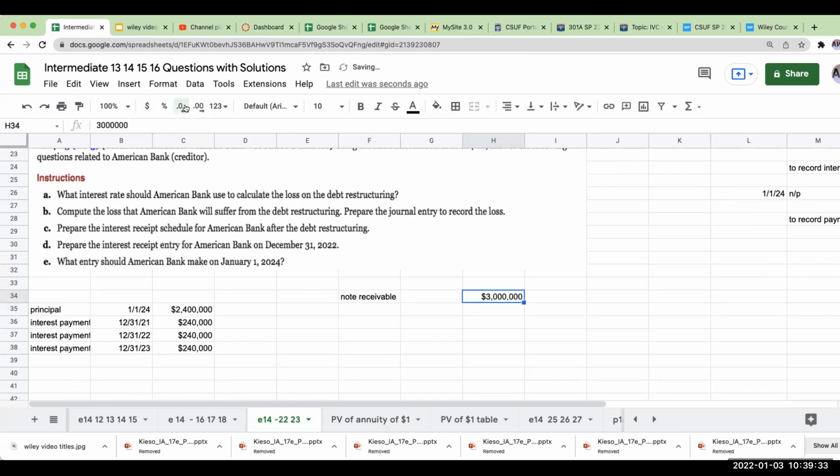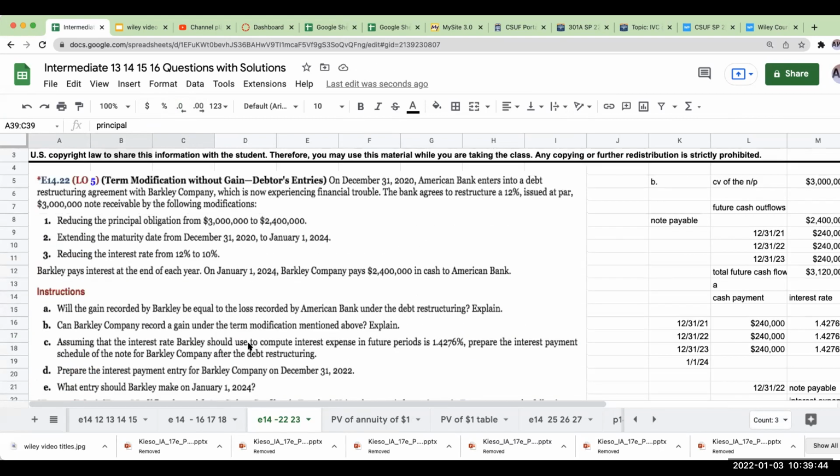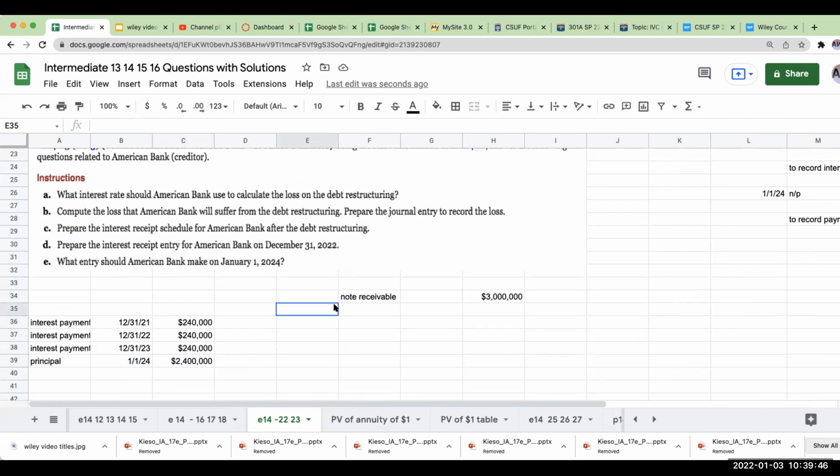When it comes to these types of questions, are future dollars the same as current dollars? The answer is no. I'm going to have to compute on a present value basis the values of these different amounts. So for the principal, we'll do the easy one first.